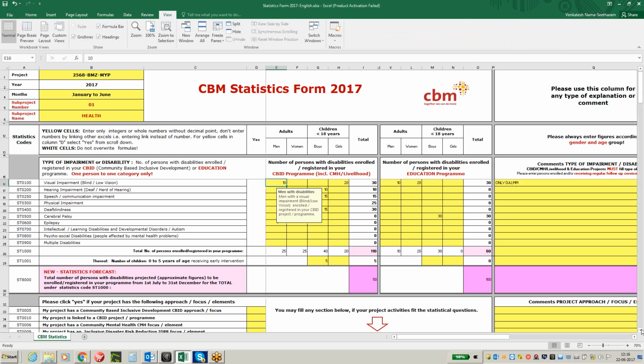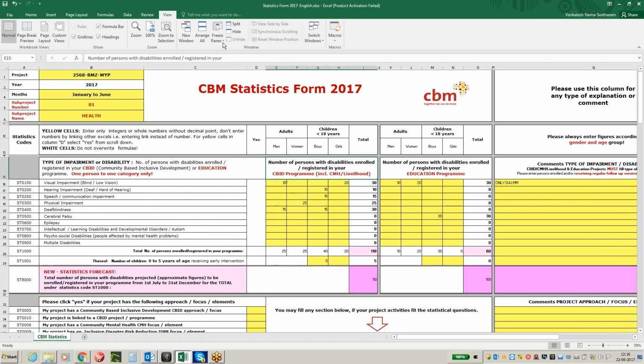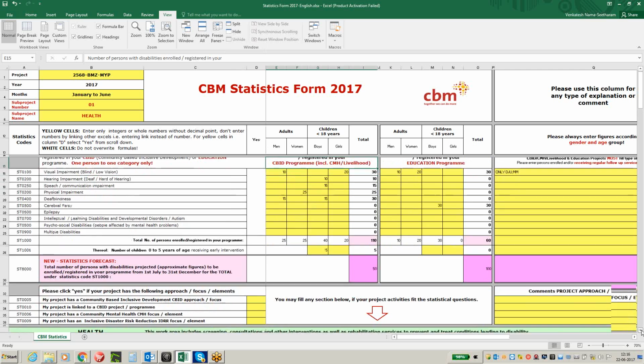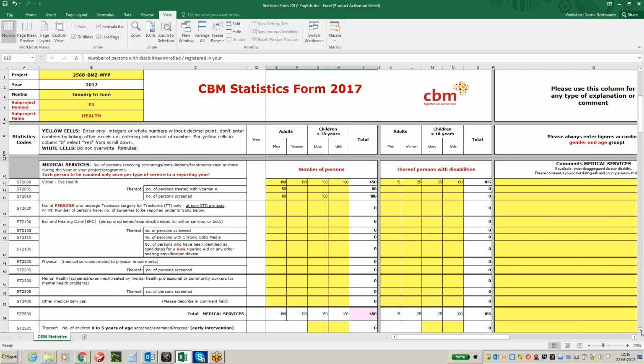Now, can you see? Yes. So now you see there are 80 men put under screening and 100 boys, and it is totally 180.